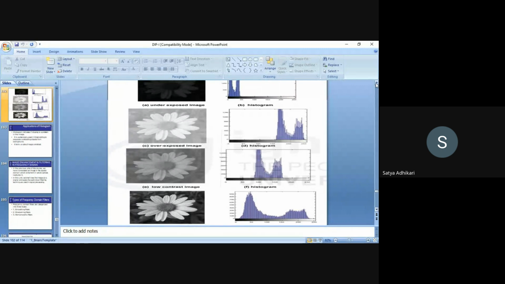And all the graphs in the histogram you see are available towards the maximum value. There is no line near 0, no darker, no black color is there. It is overexposed. And you see the image, it is not clear. There is no darker side.